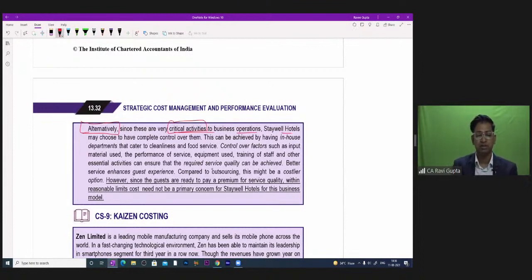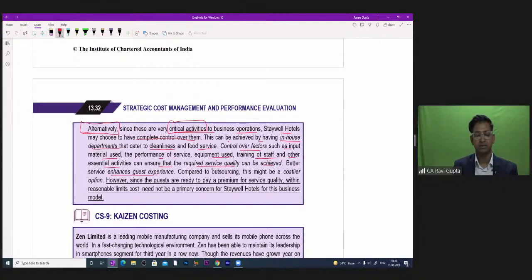So a Stay Well hotel may choose to have complete control over them. This can be achieved by having an in-house department that caters to cleanliness and food service. Control over factors such as input material used, performance of service equipment, training of staff, and other essential activities can ensure that the required service quality is achieved.